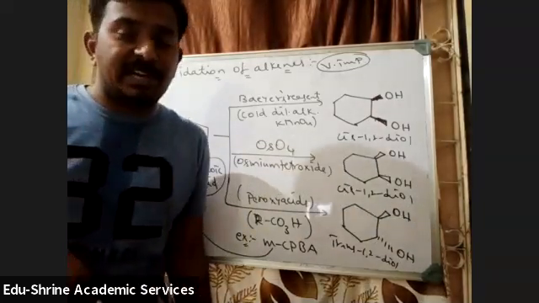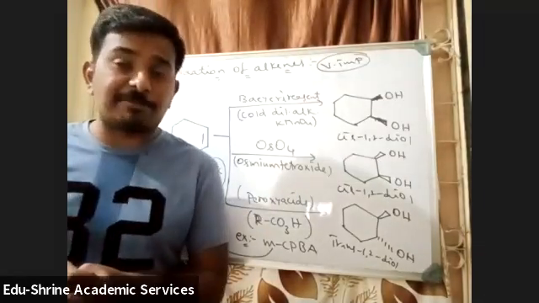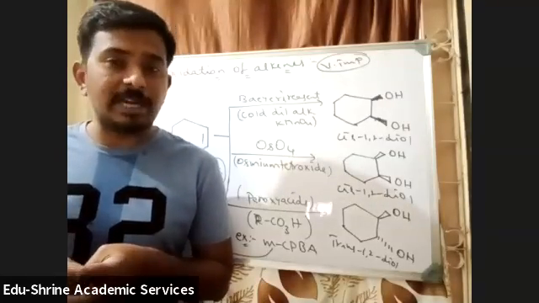So many reactions and reagents will be there. That's why I always tell you, keep revising whenever you get free time. The more you revise, the more you can remember.